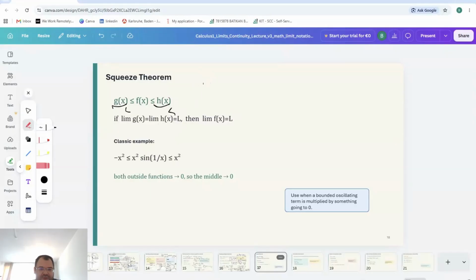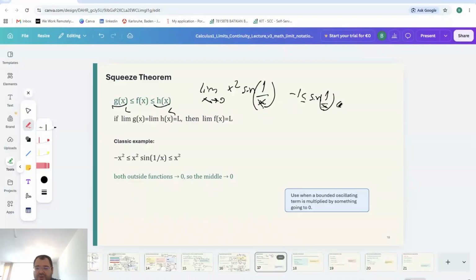For example, when x goes to 0, we need to find the limit of this function: x squared times sine of 1 over x. In this function, we already know what is squeezing, between which values sine of 1 over x is oscillating. Sine of 1 over x is oscillating between minus 1 and plus 1.